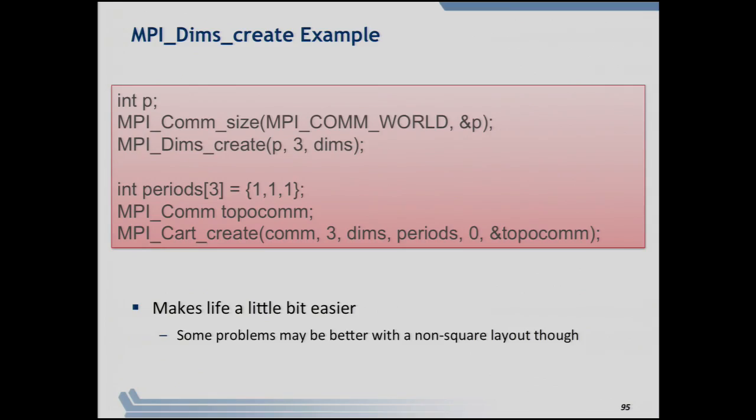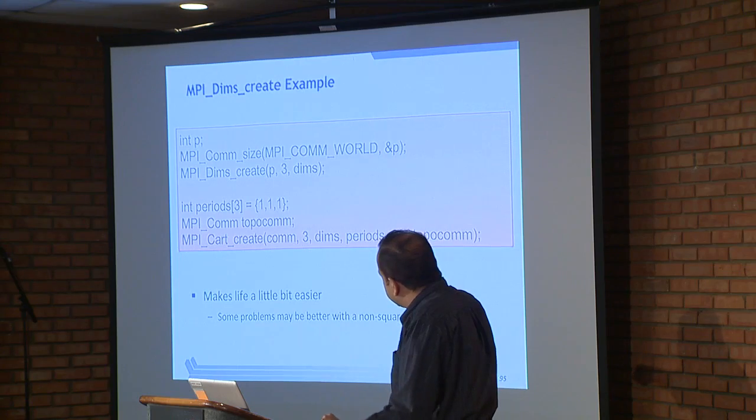Okay, so this is just a convenience that you can call before calling cart create. So this is an example of how you use it. You're running this program for any number of processes, that is P. You get the number of processes with MPI comm size. Then you call MPI dims create, that's the previous function. You pass P, and you pass 3 as the number of dimensions, and you pass this array, which MPI will fill out for you.